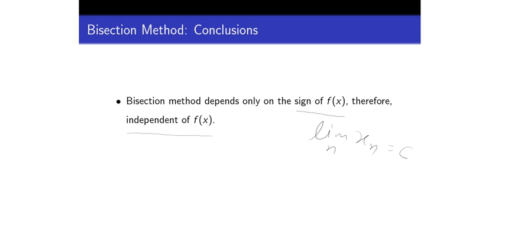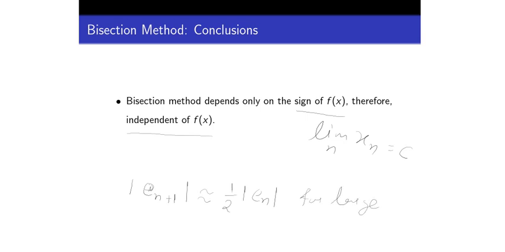The other important thing is, you can show that mod of e(n+1), if you are able to recall this notation, is almost equal to 1 by 2 times mod of en for large n.